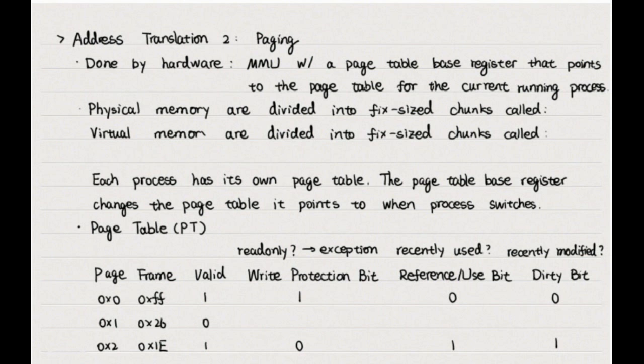Paging is performed in hardware by MMU. Physical memory is divided into fixed-sized chunks called frames. Virtual memory is divided into fixed-sized chunks called pages. Each page is mapped to a frame.